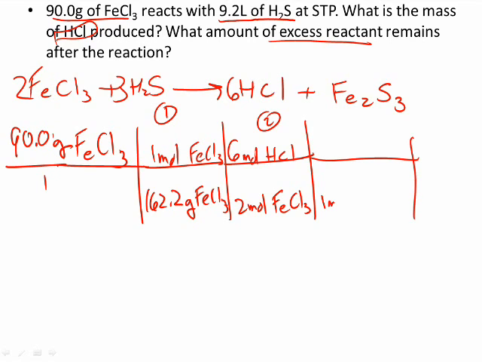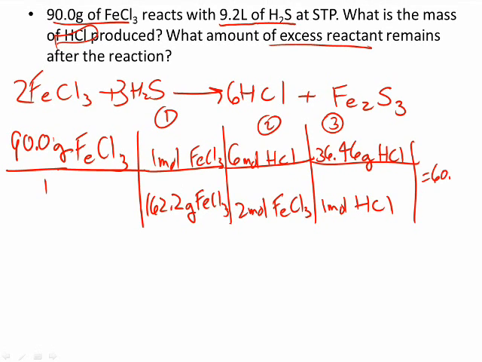Then 1 mole of HCl is equal to 36.46 grams of HCl. That gives 60.7 grams of HCl produced from the 90 grams of iron chloride.